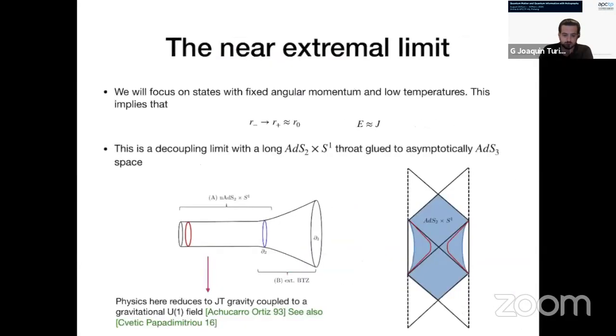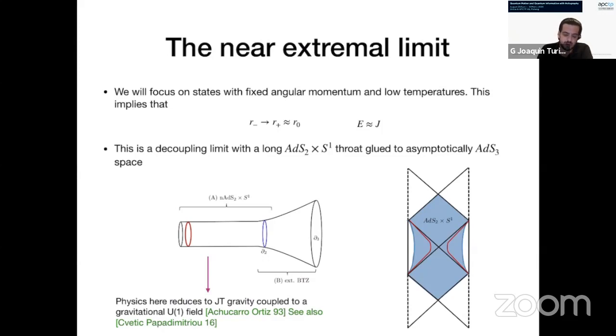Okay, so we will focus on states of fixed angular momentum and low temperatures, and this implies that the radial coordinates of the 2 horizons will be very close to each other, at some size I will call r0.